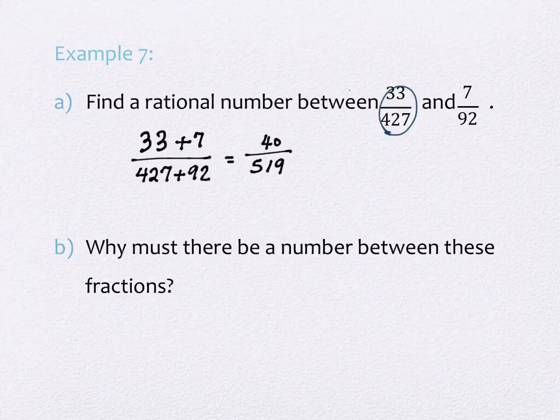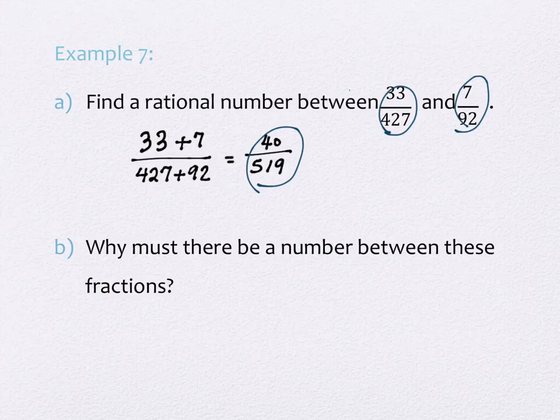So you could find a decimal approximation for 33 over 427, and you could find a decimal approximation for 7 over 92, and then you could find one for the number we found, 40 over 519, and you will find that the decimal approximations put them in the order that we were intending for them to be put. It lies between them. Cool fact. Much friendlier than finding the midpoint between those two fractions.